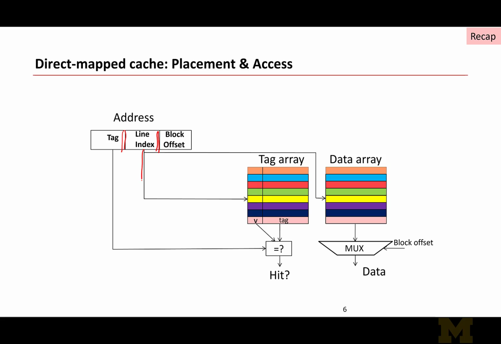Now the line index would be used to decode, and it selects exactly one position in the tag array, and then a given tag would be compared to that tag, exactly one comparison, and if it is a hit, then the data corresponding to that cache line would be obtained, and then the block offset would select the necessary part of that cache block. So if the block offset is 0, you grab the 0th byte. If the block offset is 1, you grab the first byte, and so on.